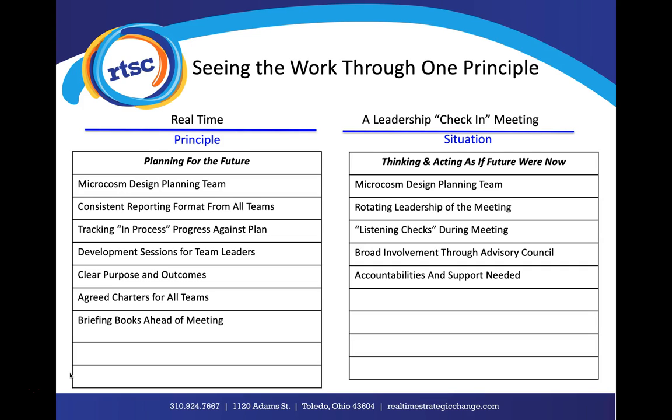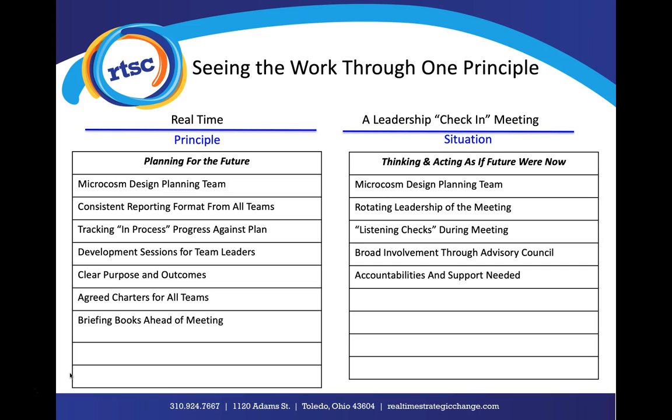So when I take a look at real-time and a leadership check-in, I'm looking at the polarity of planning for the future and thinking and acting as if the future were now. So under planning, I've got that microcosm design planning team. That's that cross-sectional team we talked about in session 2. Consistent reporting format from all teams and all work that they've done.